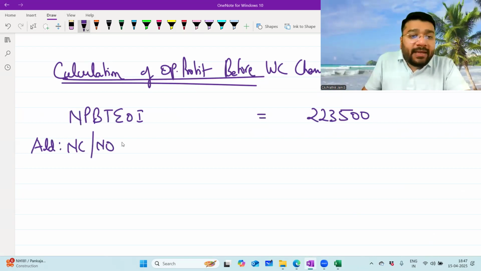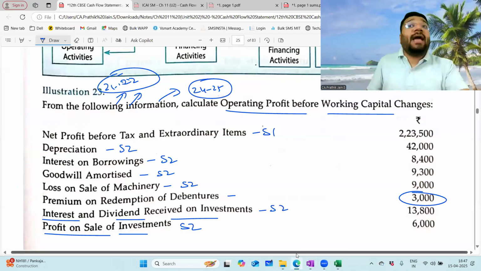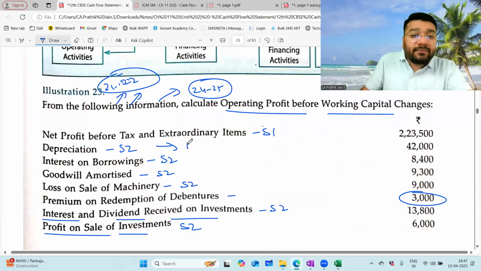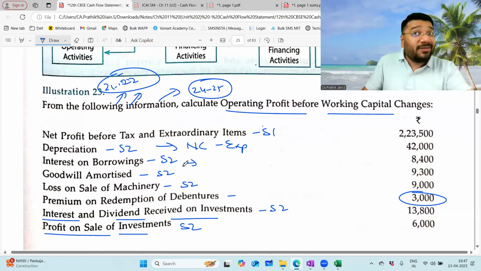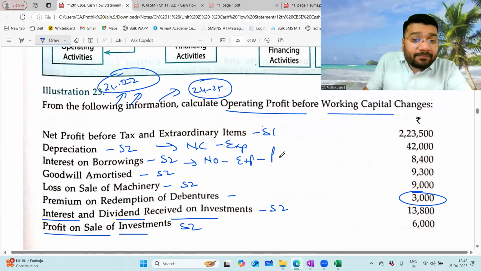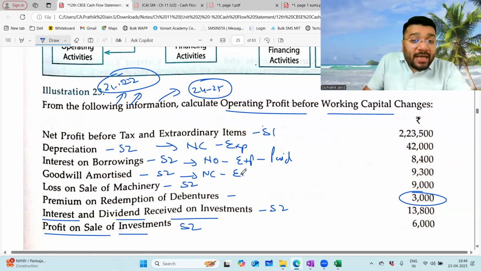Now add non-cash and non-operating item, which is expense in nature. Now please tell me in this, which is my non-cash and non-operating item and which is my expense and income item? Depreciation, non-cash and expenses. Interest on borrowing, non-cash. Nothing mentioned means it is paid. Means it is non-operating and expense and paid. Goodwill amortized, non-cash and expenditure.